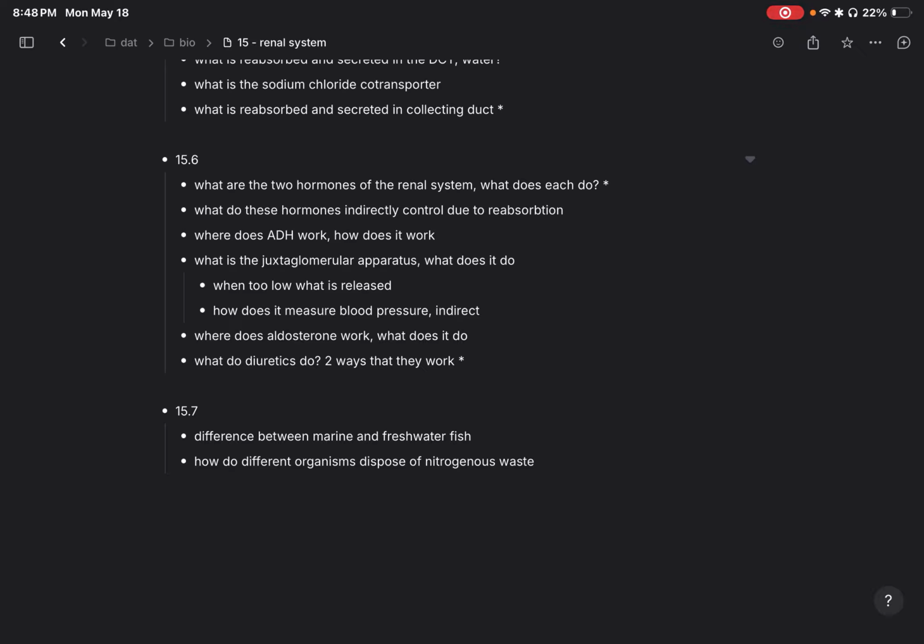So humans, mammals, birds, we use urea. Then there's things that produce ammonia, like fish. Then there's uric acid, which is like reptiles. Or no, I think reptiles is urea. Amphibians.